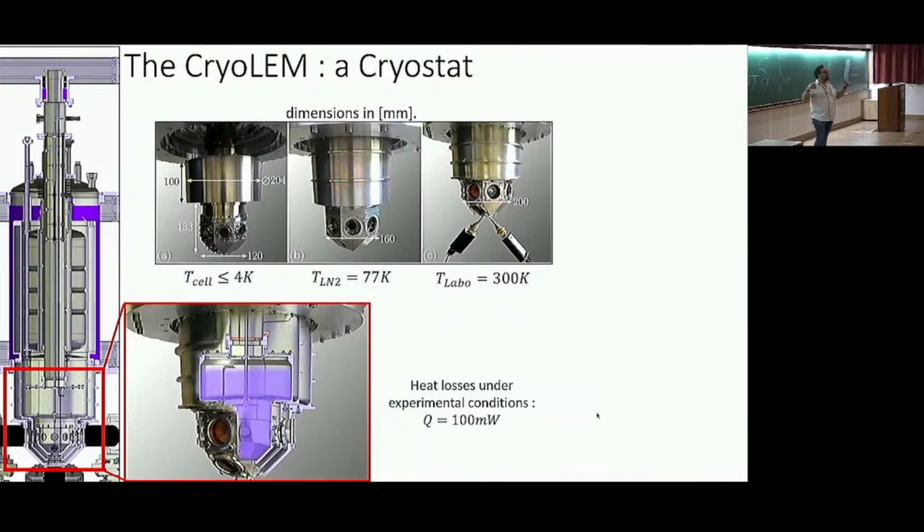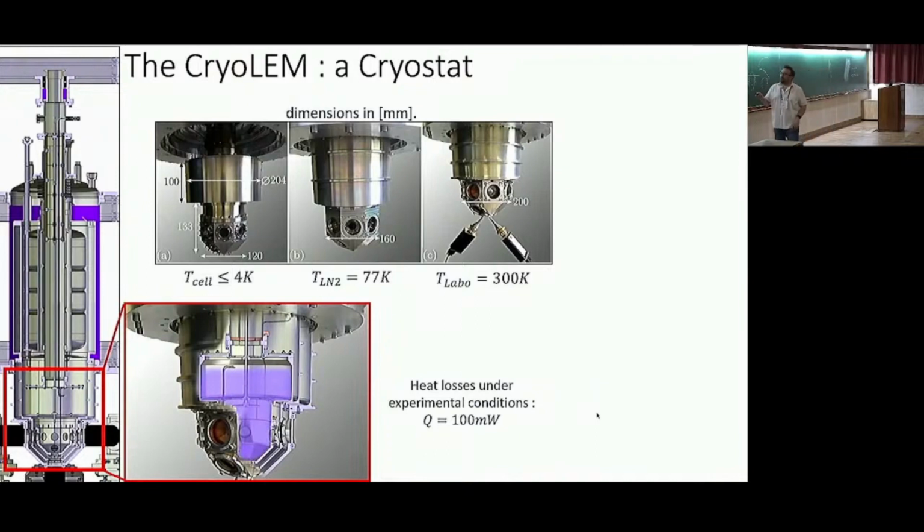It has 8 windows looking at the center of this cell through different angles. The idea here is to be able to have any possible optical diagnostic that you can imagine from the hydrodynamic point of view, so 2D measurement, 3D measurement, PIV, LPT, whatever, anything you want. It's complex, okay, but theoretically we can do that experimentally.